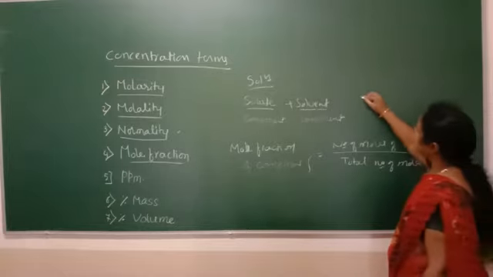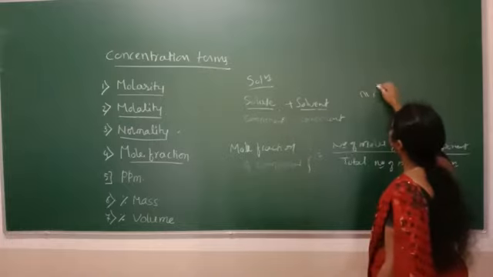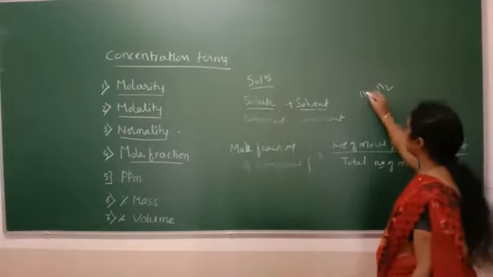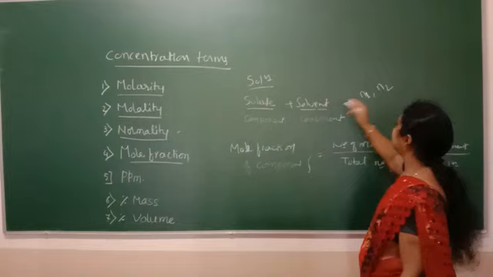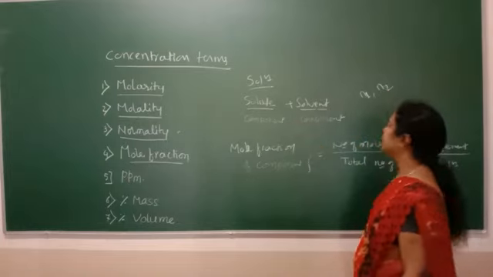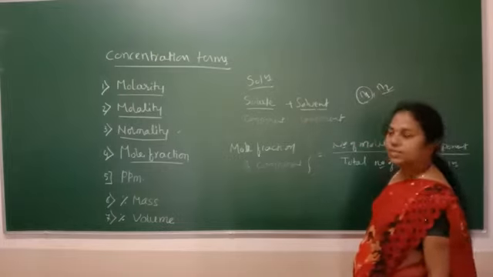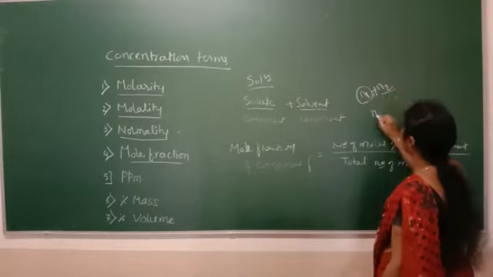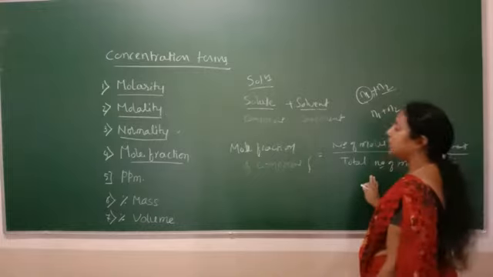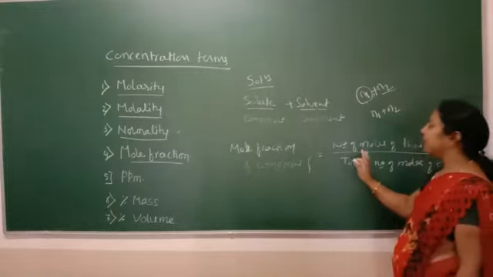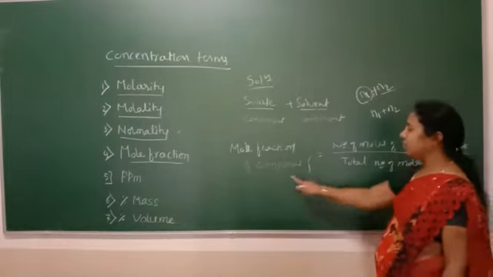So if N1 is the number of moles of solvent and N2 is the number of moles of solute, the suffix 1 represents solvent and the suffix 2 represents solute. The sum of these two, N1 plus N2, can be taken as the total number of moles of solution. So in that total number of moles of solution, what fraction is the number of moles of an individual component? That is to be determined using this equation.